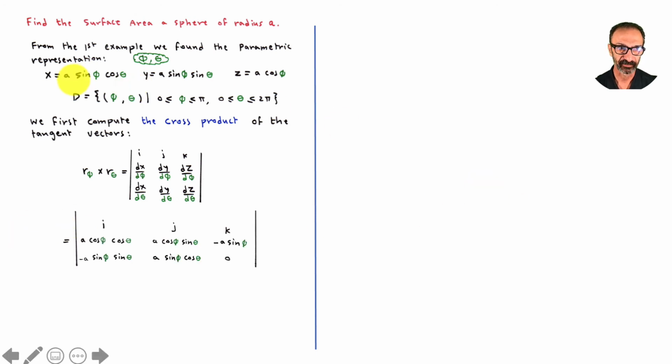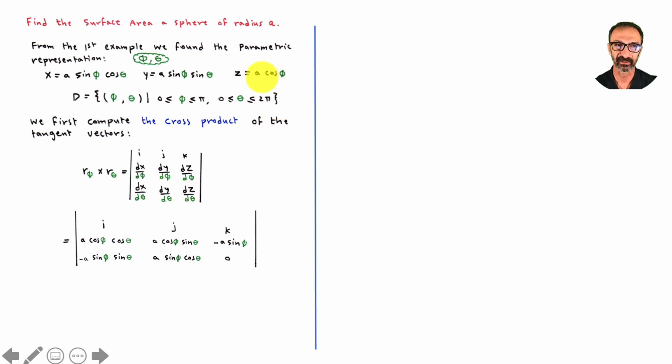knowing what's x, knowing what's y, knowing what's z, this is what you have. I'll just verify the quick one, the last two parts. Here we go. What is dz d phi? Well, I have a cosine phi, and the derivative of cosine is negative, so I'm going to end up with minus a sine phi. What is the derivative of z with respect to theta?